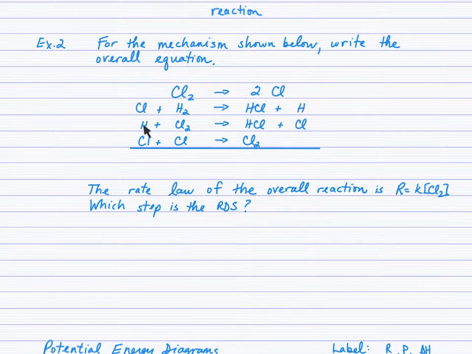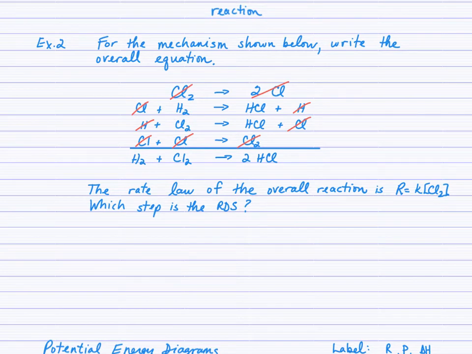That free hydrogen atom then collides with another Cl2 molecule to form another HCl and a free chlorine. And then the two remaining free chlorines, one from here and one from here that hadn't reacted yet, recombine to form Cl2. So go ahead and cross out any reaction intermediates and write the overall equation.